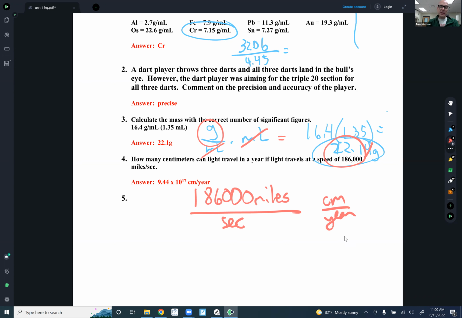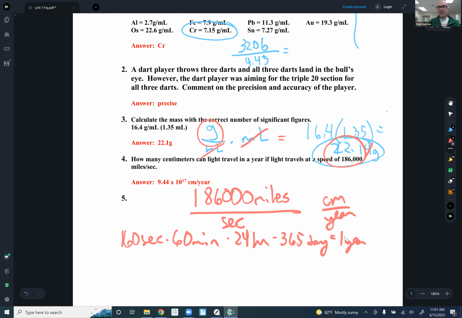So one of them that you can know off the top of your head is that for every 1 year, there are 3,000, for every 1 hour. So 60 seconds times 60 minutes times 24 hours times 365 days will give you 1 year.